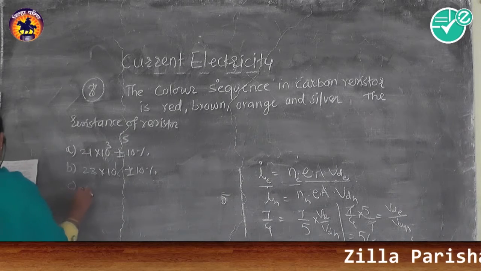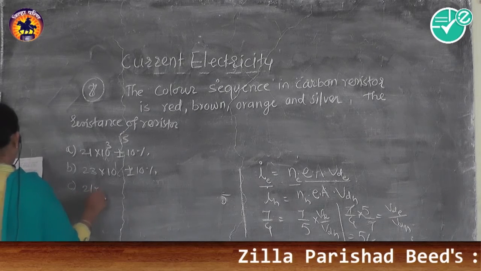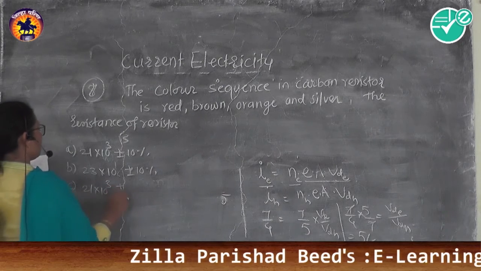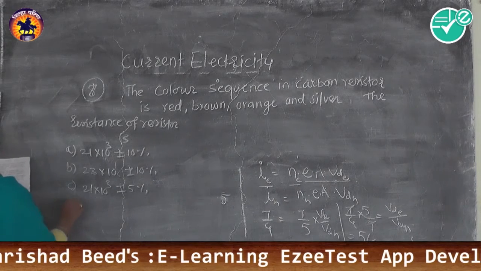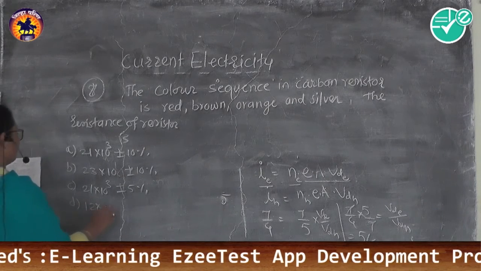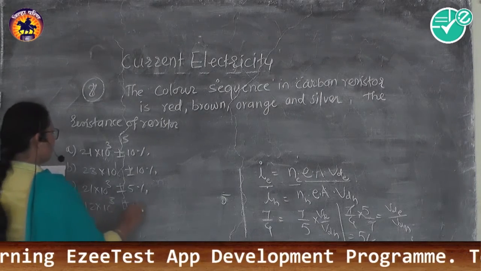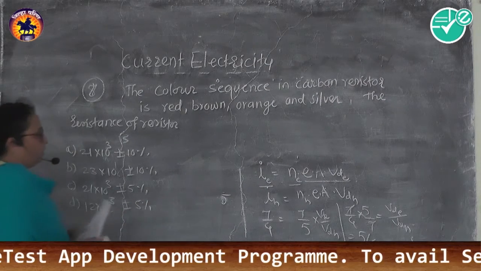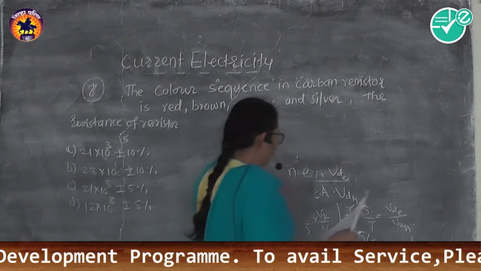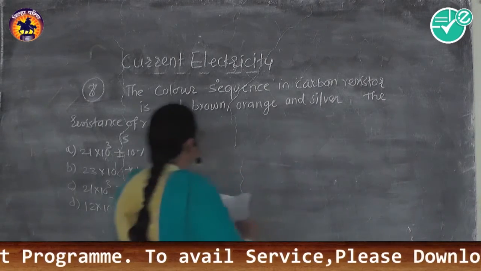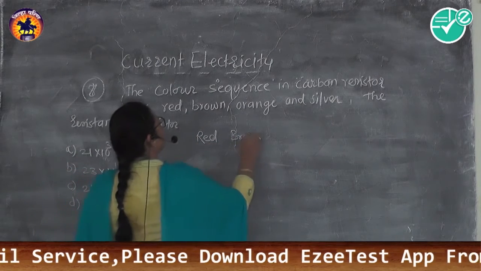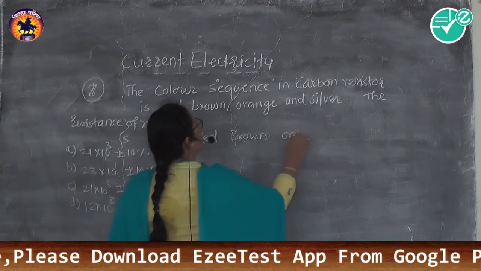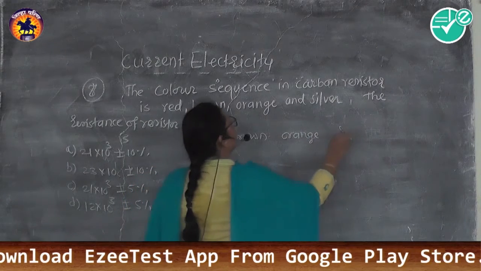C option, 21 into 10 to the power 3 plus or minus 5%. And last one is 12 into 10 to the power 3 plus or minus 5%. You have been given the color code: red, brown, orange and silver.